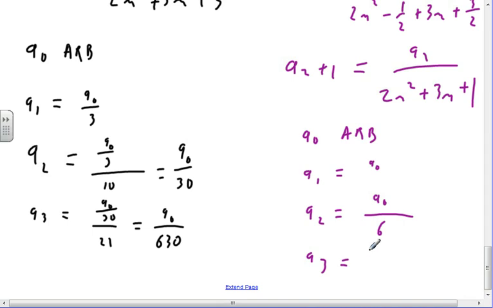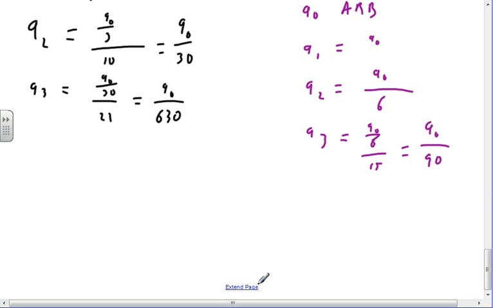A3 is a0 divided by 6 divided by 15, a0 divided by 90. Is that enough to check it? Yeah, that might be enough to check it.